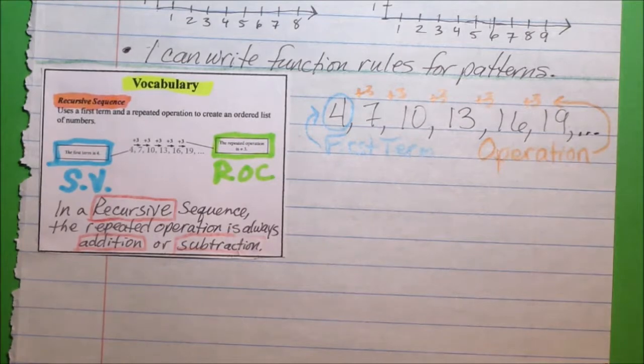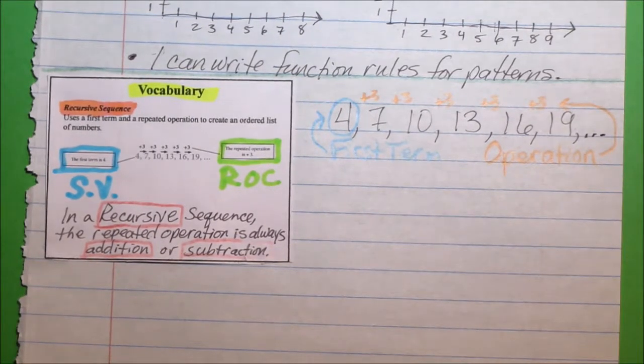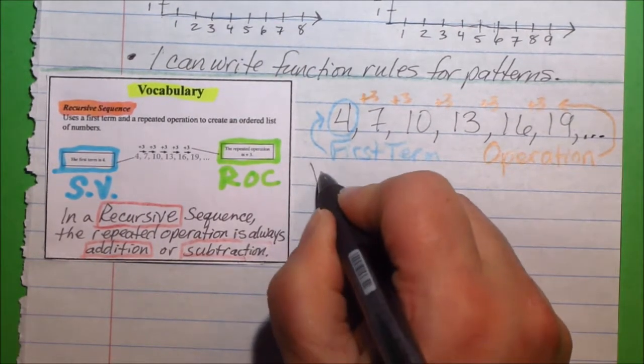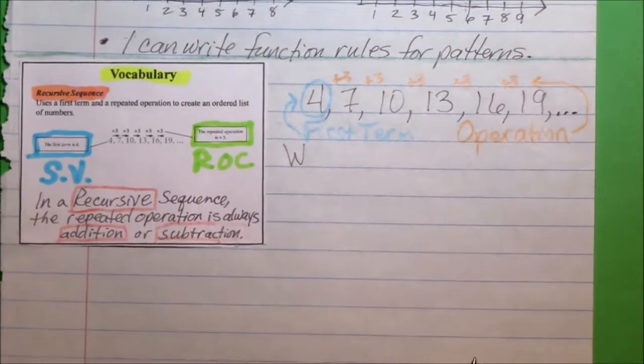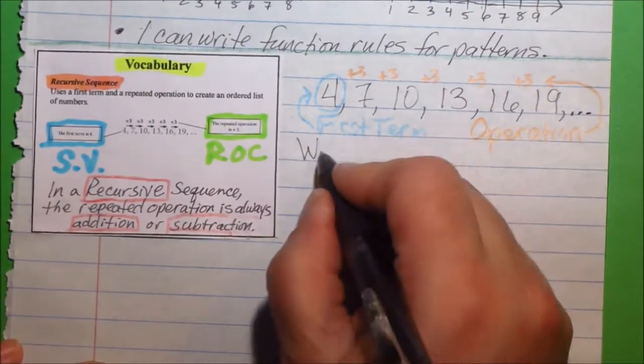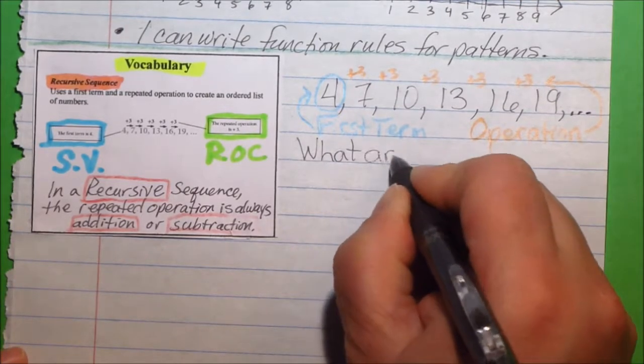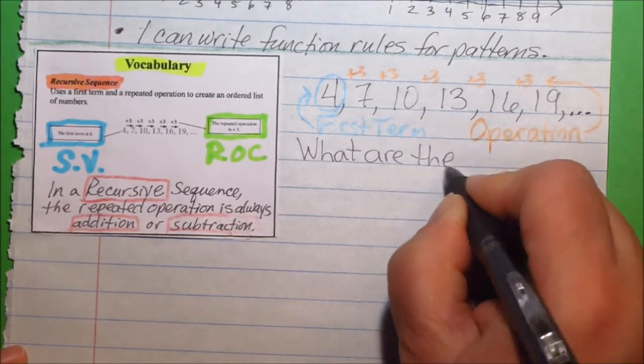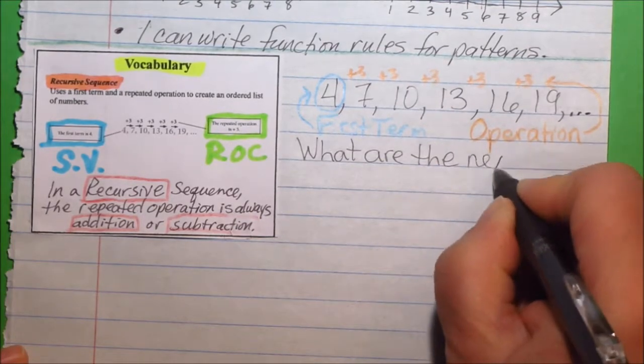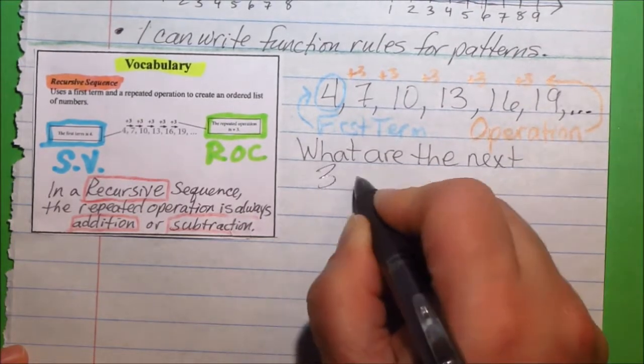All right, so now here's a question. This is what you'll see on your worksheet. What are the next 3 terms?